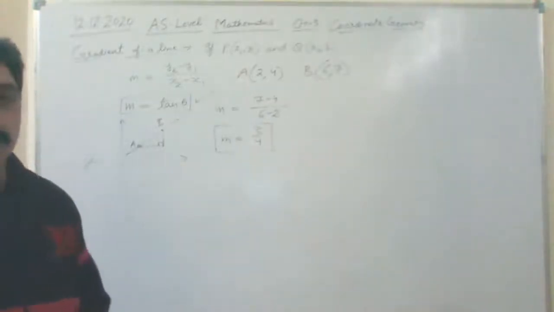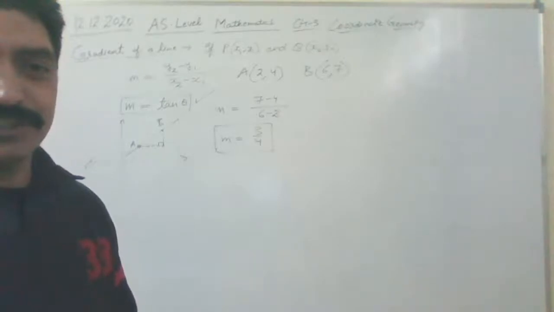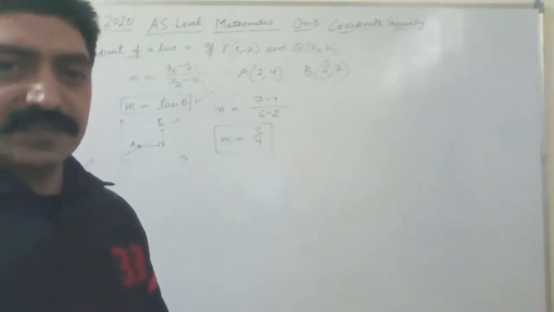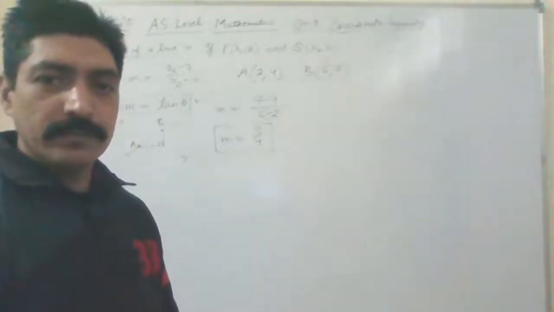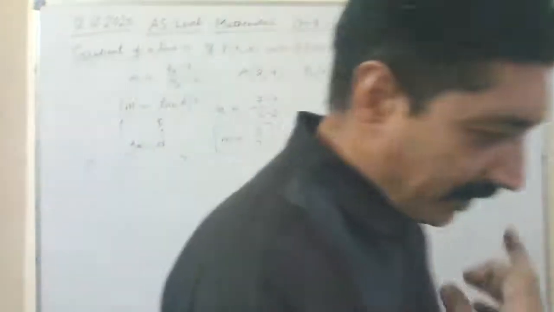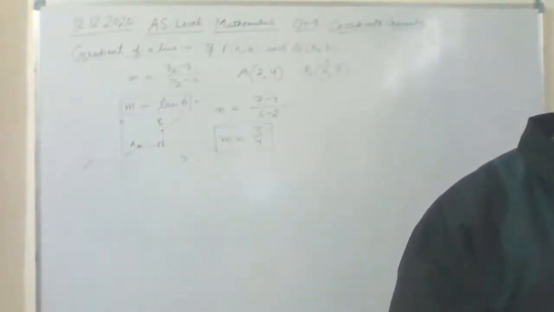So the slope is also defined by tangent of theta, right? Tangent of theta is equal to m, that is called the slope or gradient of a line. This is called the gradient of the line. So here we have different slopes.